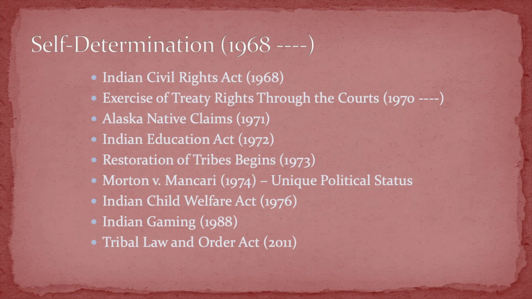And so you're starting to see those cases, particularly in the Northwest, start coming into court. 1971, we have the Alaska Native Claims Act, right? So while it's an extinguished Aboriginal title, the tribes got something. They got some sort of status, right? The Indian Education Act passed in 1972. The restoration of tribes begins in 1973.